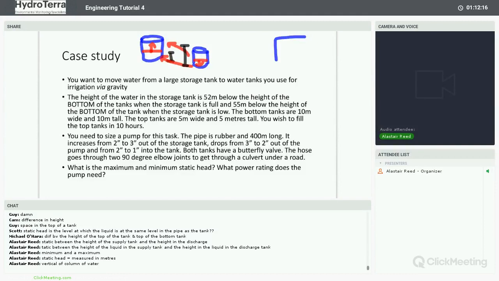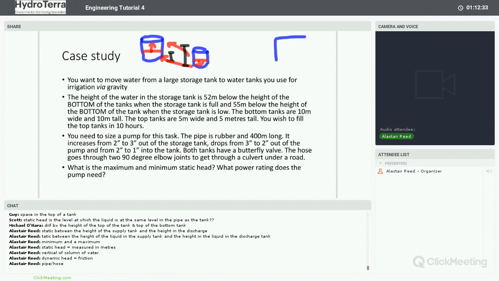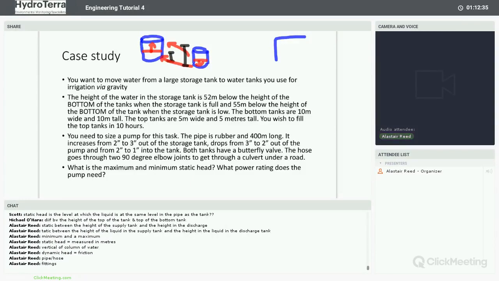Our dynamic head is what, Guy, you alluded to, and that's the friction which is resisting the movement of the water due to everything between one tank and the other. So that's friction of the pipe or hose. Friction due to any fittings.